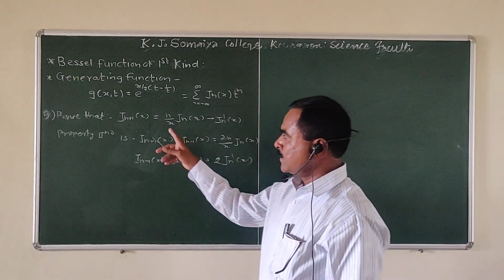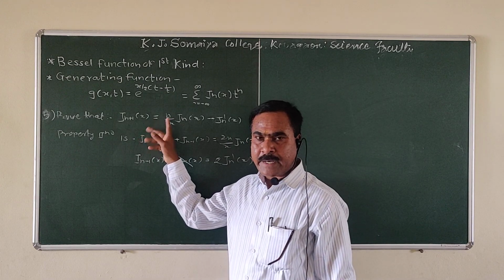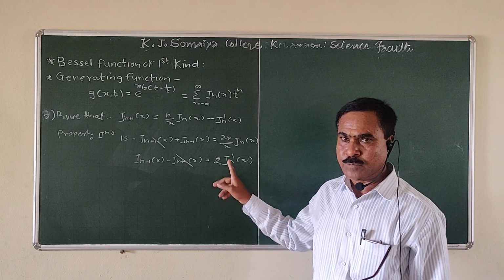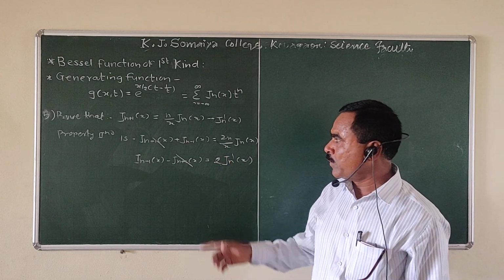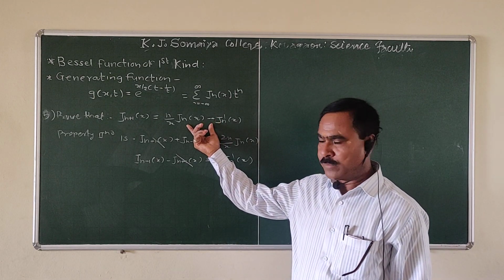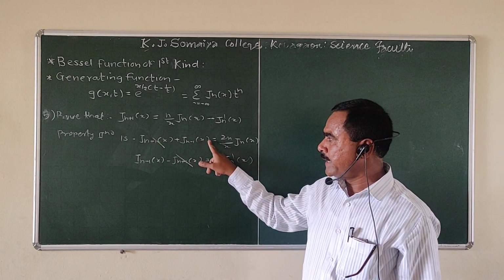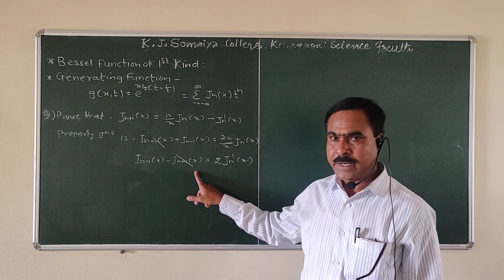So we have to prove this property, and again we consider property second and property third. From these two properties we prove property number 5. So here is property second, and this is property third.